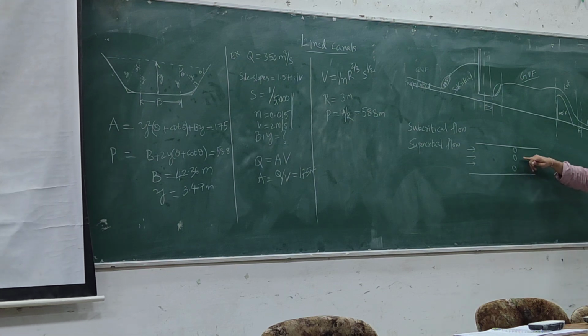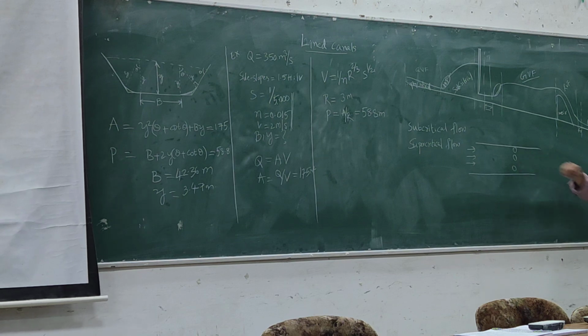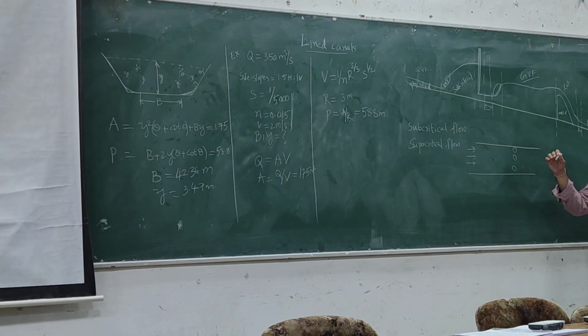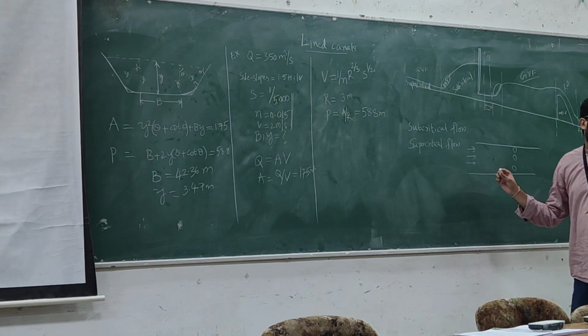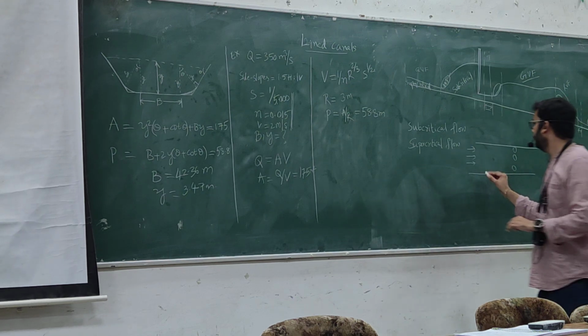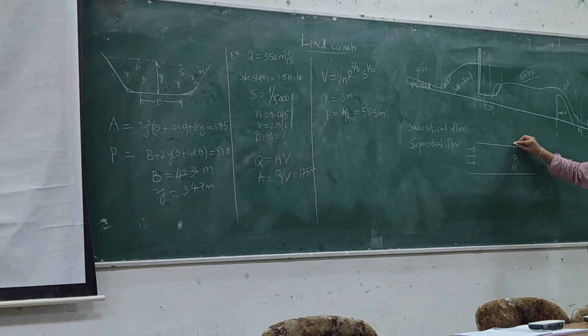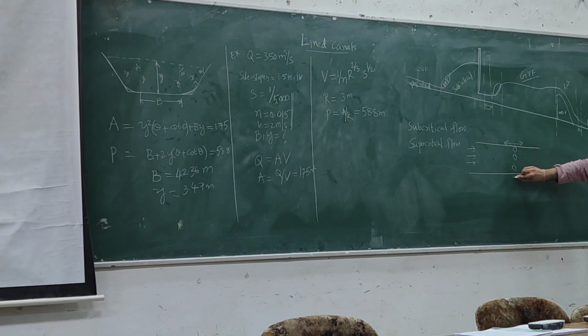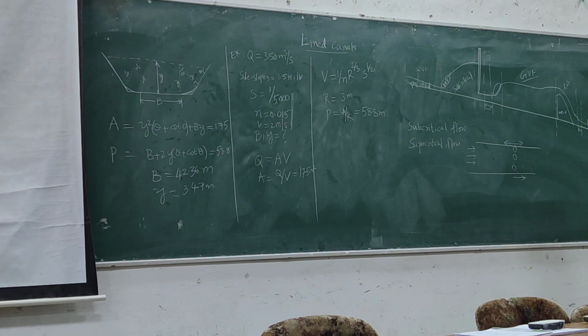Because of these structures, the flow has been disturbed, so it is going to create some waves on the surface. Which direction do they propagate into? If it is subcritical, then you would see the disturbances propagating both ways, predominantly backwards to the upstream direction. And in case of supercritical, it is only going to be in the downstream direction.